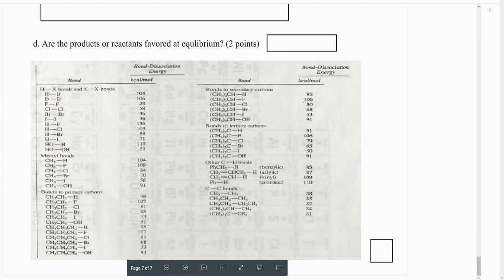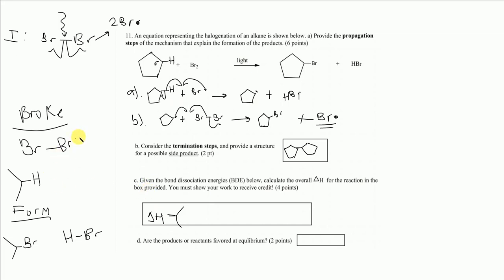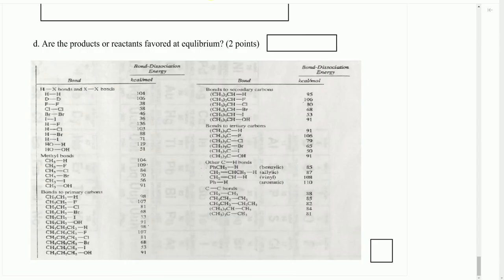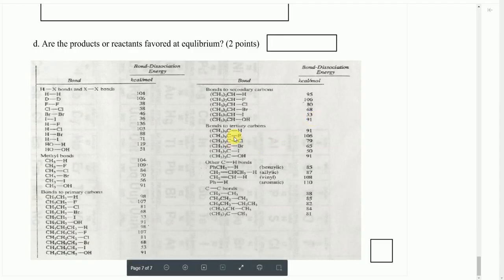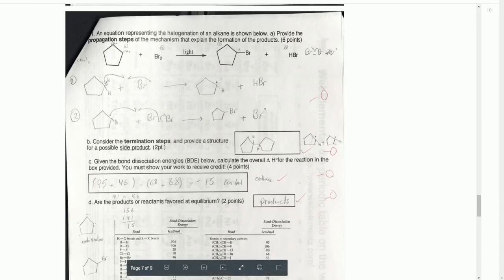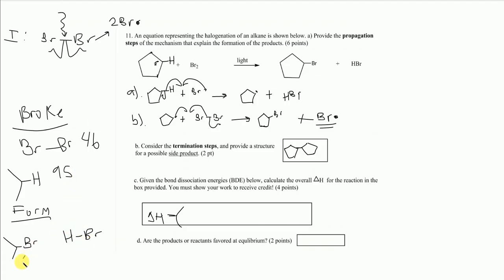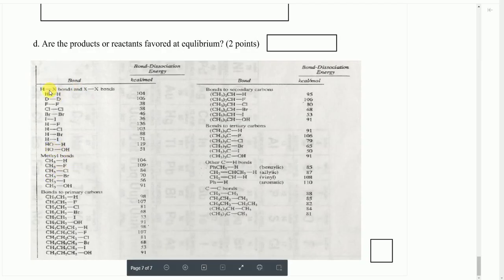So the Br2 bond is 46, and let's see, a secondary carbon. So it's right here. CH is 95, and a bond to a bromine, secondary, is right here, 68. And then the HBr, right? So bonds HX, where X represents a halogen, so it's right here, HBr 88.